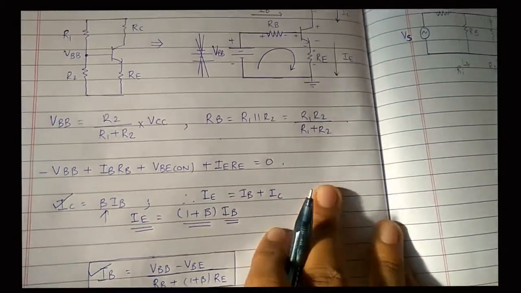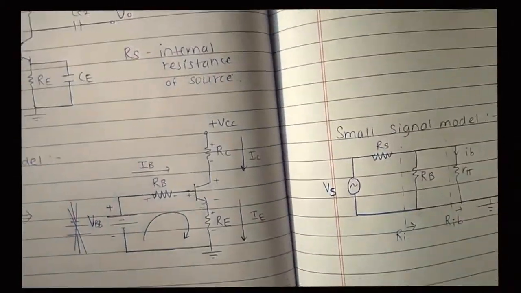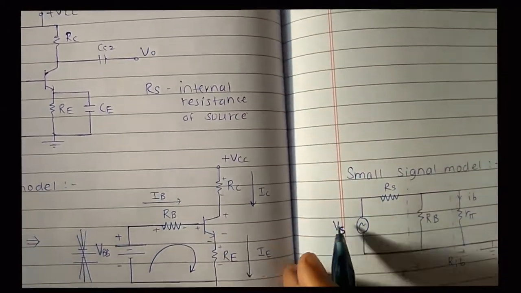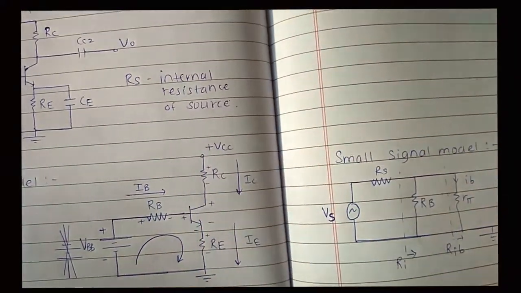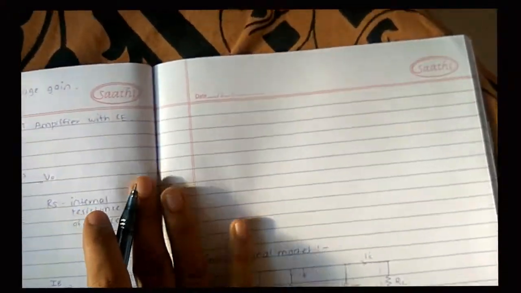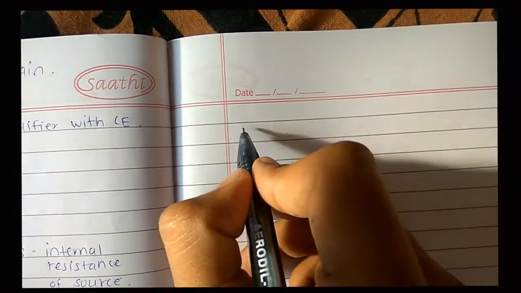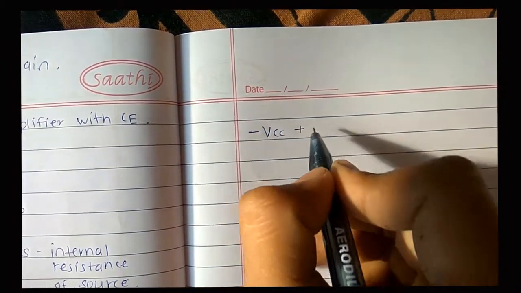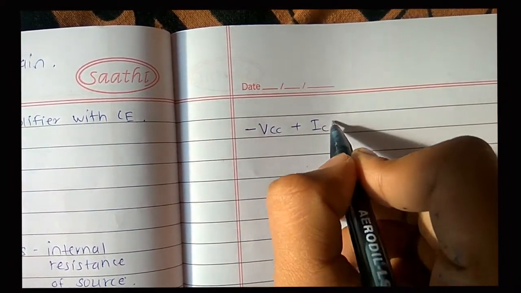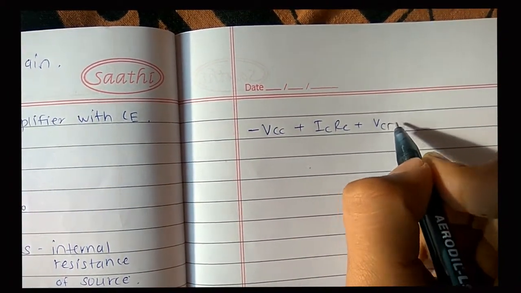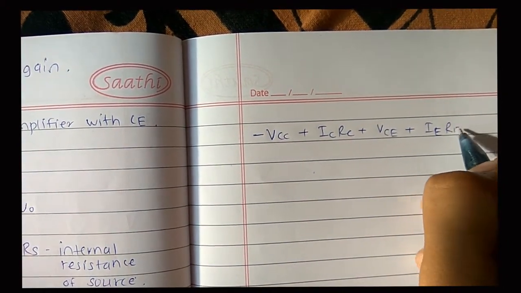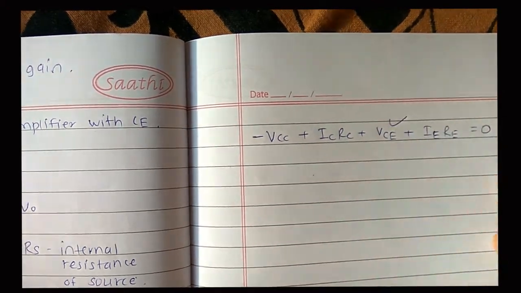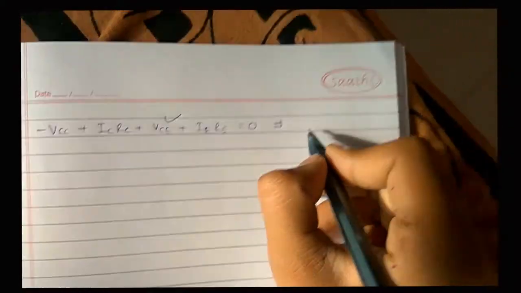Now if we apply KVL to the outer loop, it will be equal to minus VCC plus IC RC plus VCE plus IE RE equal to 0.